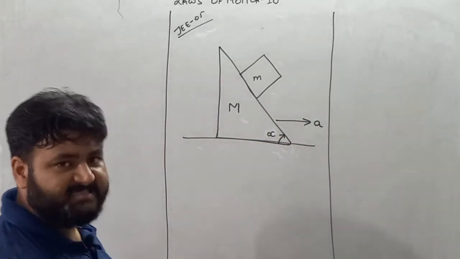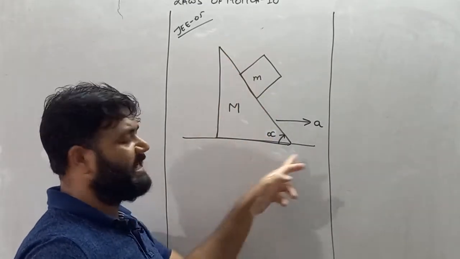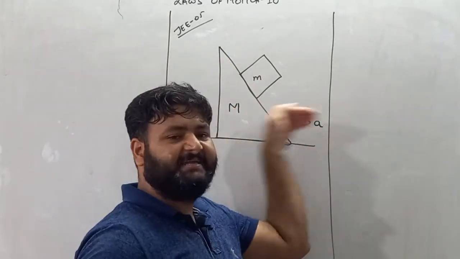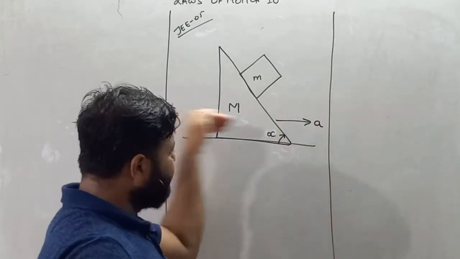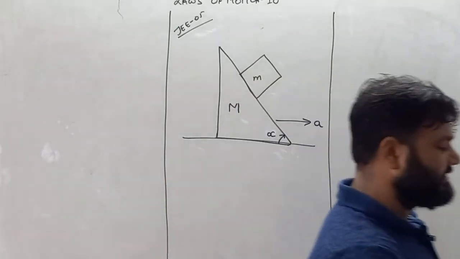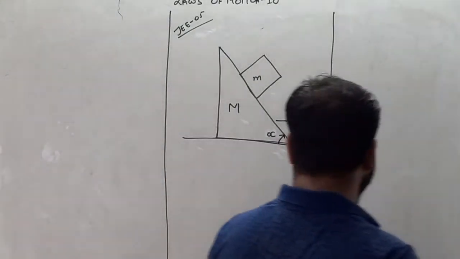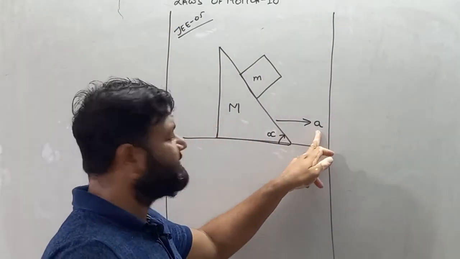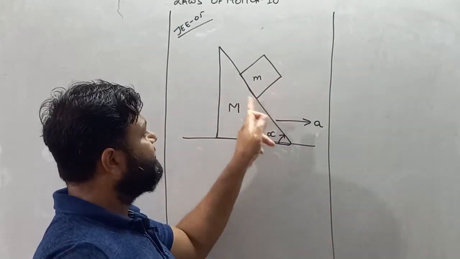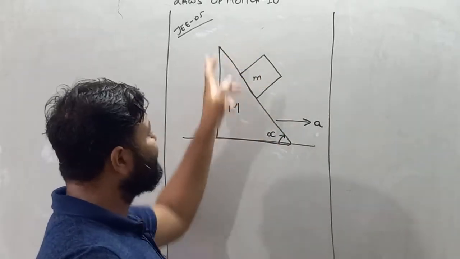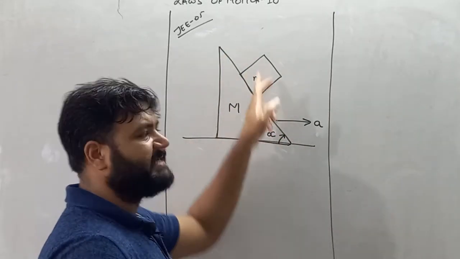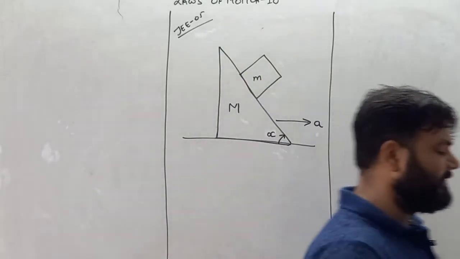The question is, if this inclined plane is accelerating in this direction, then what will be the value of this acceleration so that this small block which is placed on the inclined plane remains at rest. So write down the statement of the question.